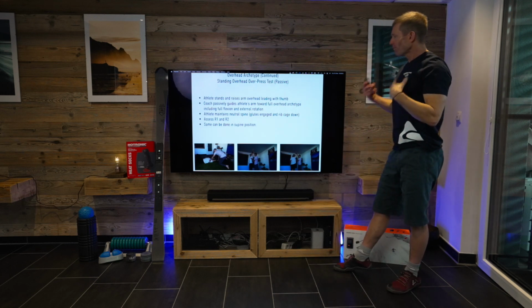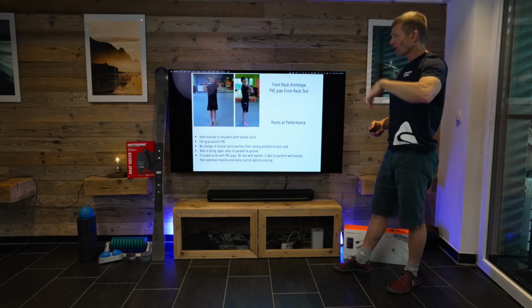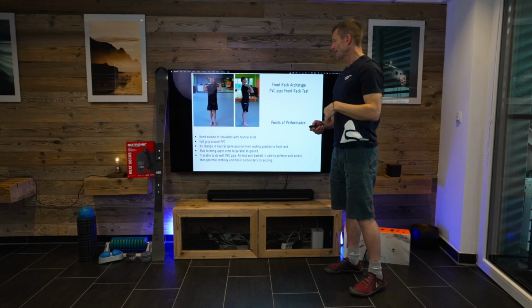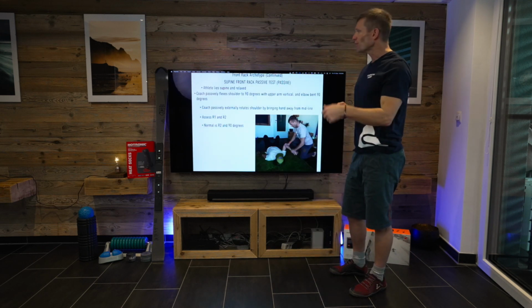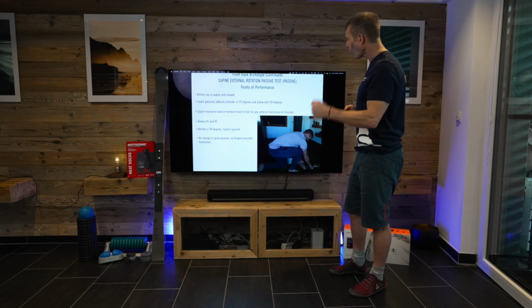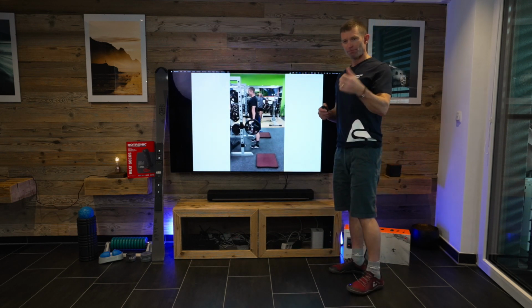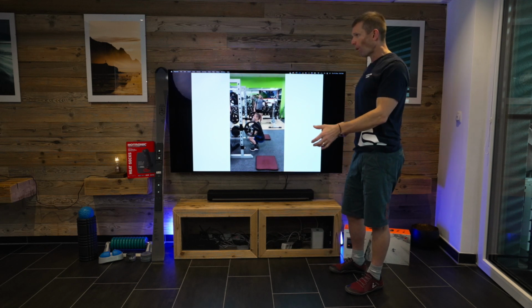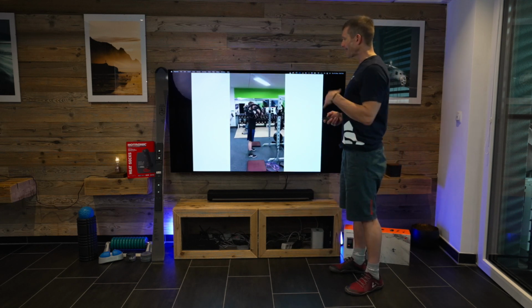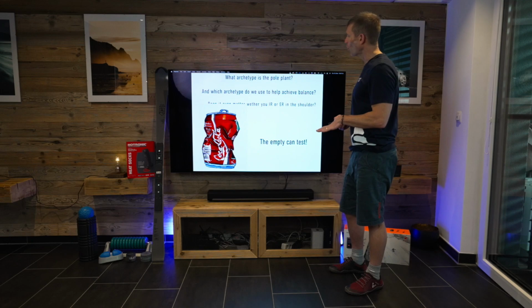So we want people to understand the overhead archetype, also the front rack archetype, because even with something as simple as your pole plant, we want to not create problems in the wrist, the elbow, or the shoulder when pole planting, especially when using blocking pole plants.